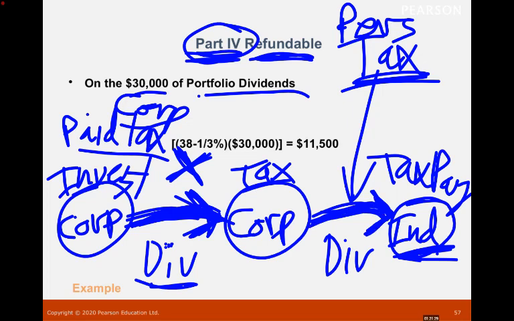So on the 30,000 in this example, you've got 38 1/3% of the 30,000 of portfolio dividends, giving us 11.5 of refundable Part 4 tax.